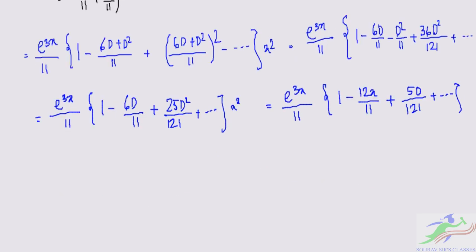After simplifying, we have e^(3x)(121x² - 132x + 50)/11³.